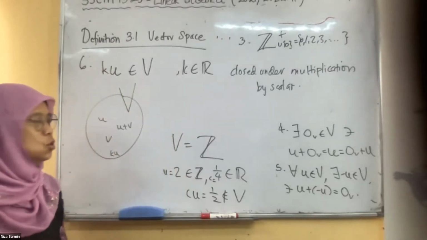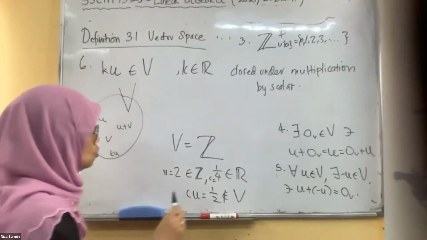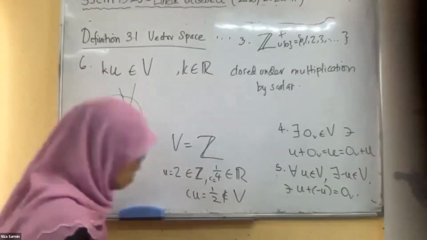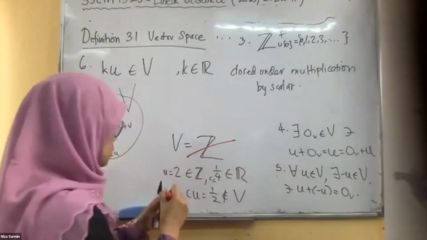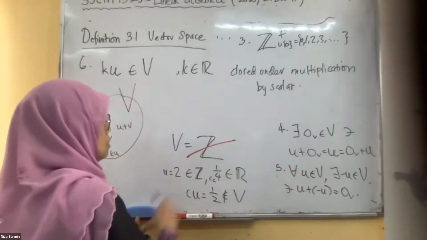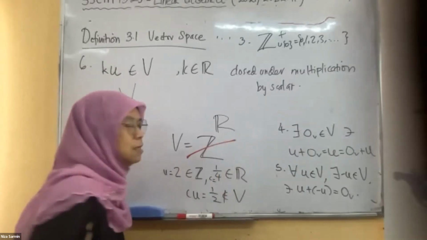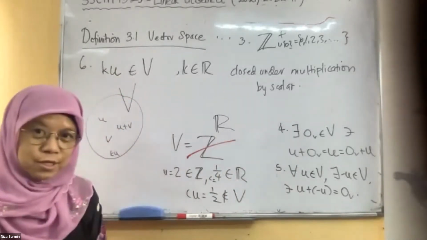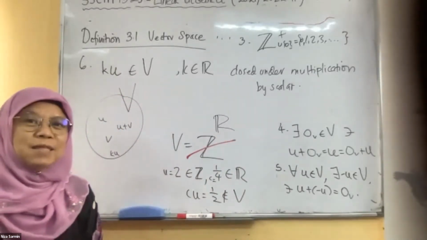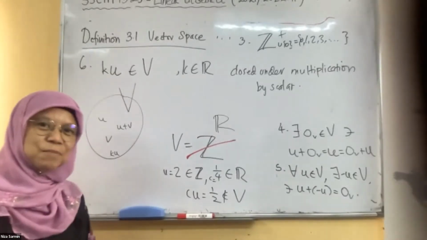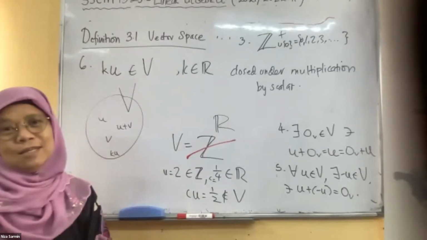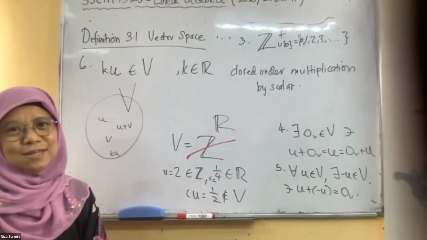Okay, so if I change this to R, then it is closed under multiplication by scalar, because real number times real number is still inside R, a real number. Okay.